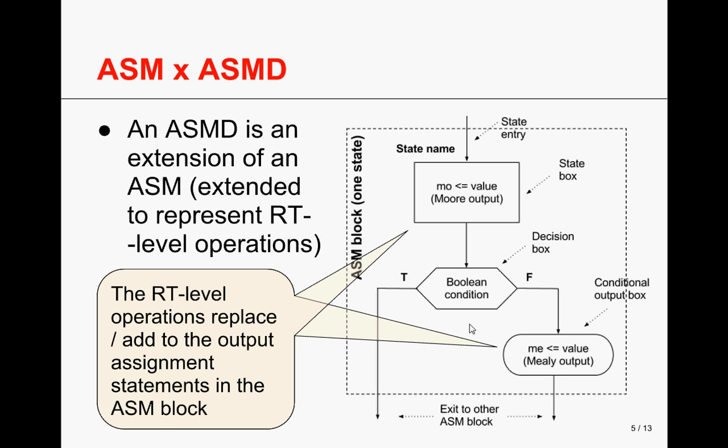Now, the ASM chart, as you might recall, was our preferred representation method to specify the behavior of finite state machines, and we will extend this representation mechanism into what is known as the ASMD charts for representing the behavior of FSMDs.